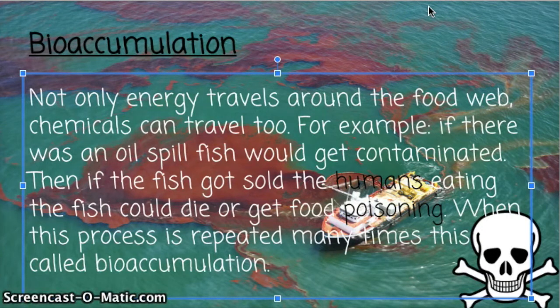So say one seal would eat 10 fish that were contaminated. Next, a polar bear will need to eat 5 seals to live. So he eats 5 seals, which have 10 contaminated fish each, which means he basically ate 50 contaminated fish. This is the process of bioaccumulation.